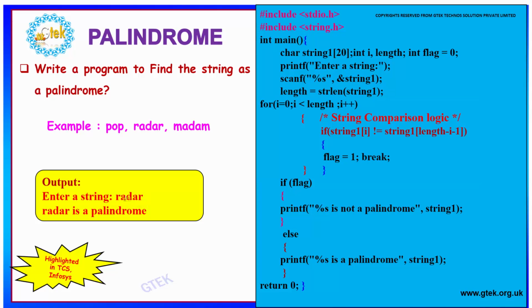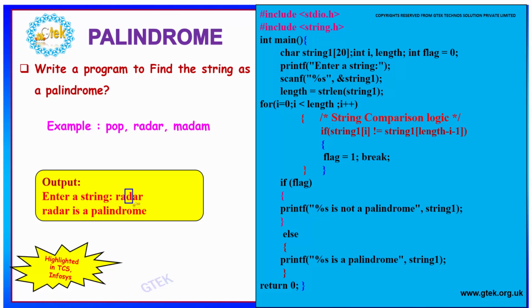So our A and A is equal according to the condition. Hence, since it is equal, we are further incrementing our for loop, and our final term is equal as well.